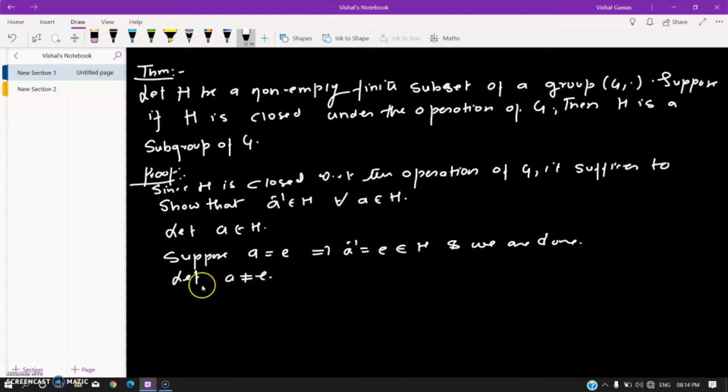So there's nothing to prove in this. So let's prove that A inverse is in H for some other element apart from identity.